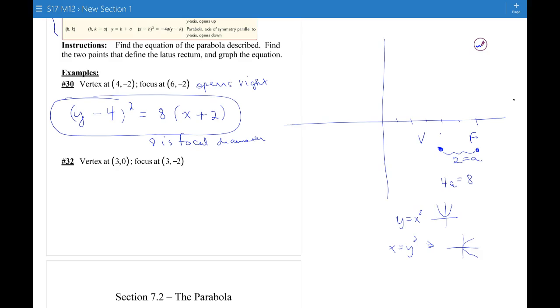So I start at the focus and I go 1, 2, 3, 4 up, 1, 2, 3, 4 down, and I can draw the parabola. Make sure you label your axes.